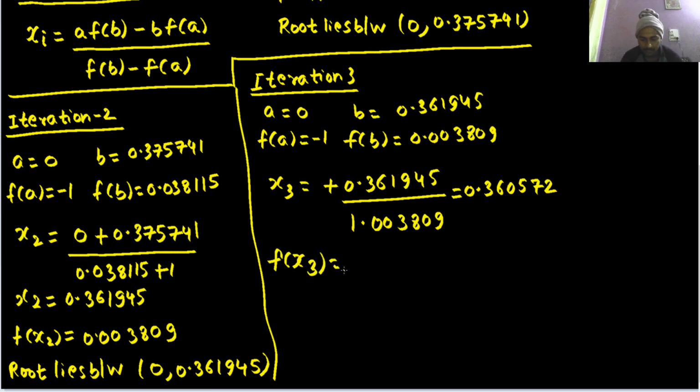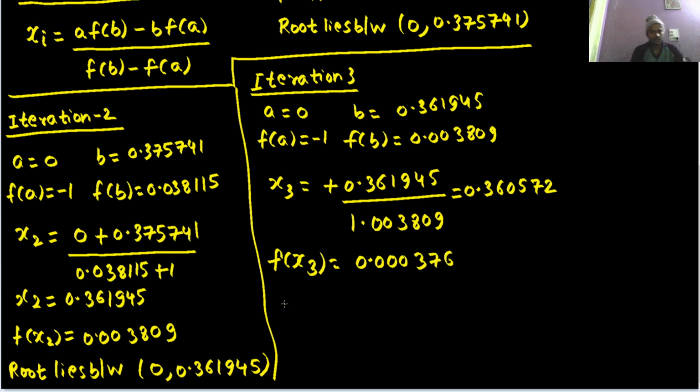So 3 times 0.360572 plus sine of 0.360572 minus e power 0.360572, and it is coming out to be a positive thing, 0.000376.